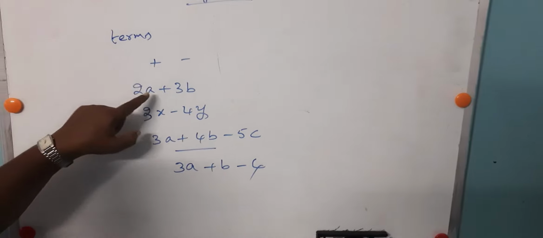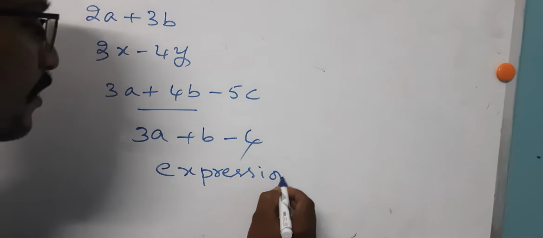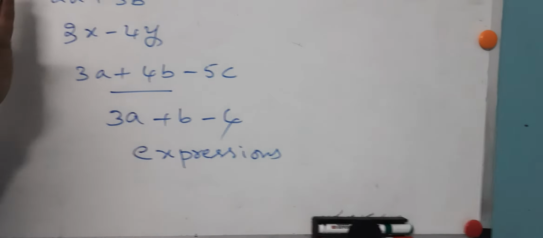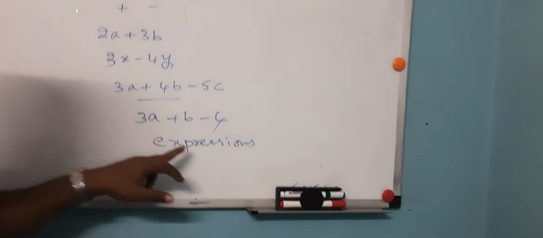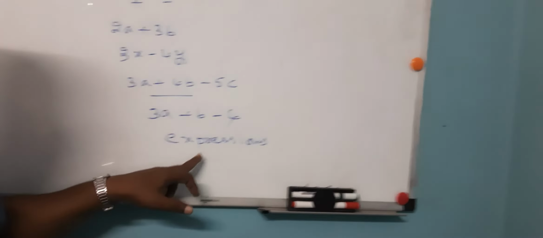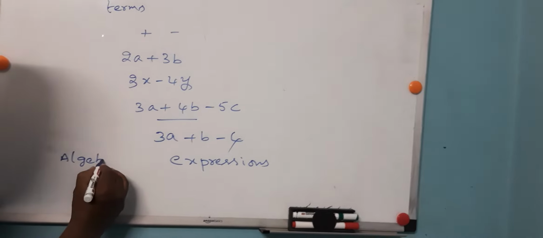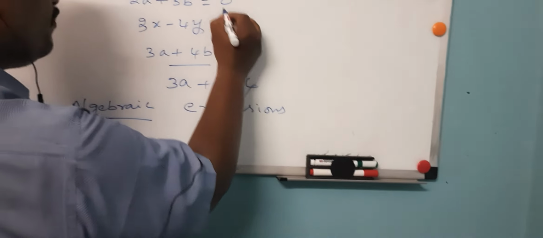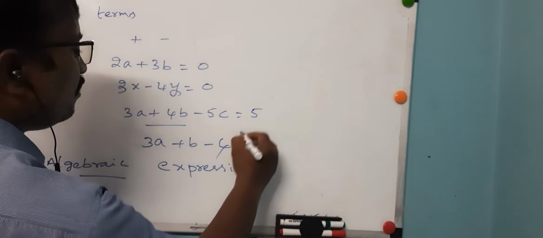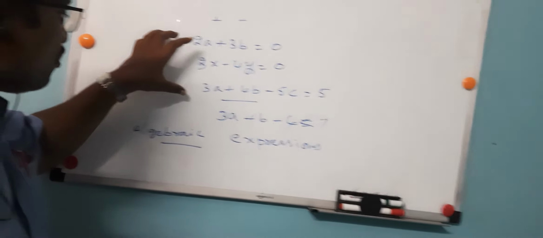When terms are combined with plus or minus, we call it an expression, an algebraic expression. Then again, when we equate it to 0 or something, it is called an algebraic equation.